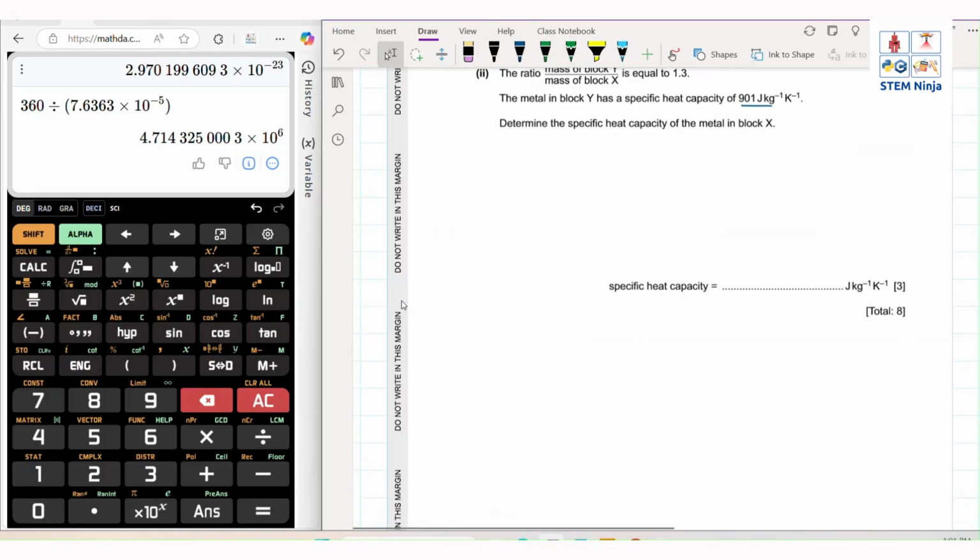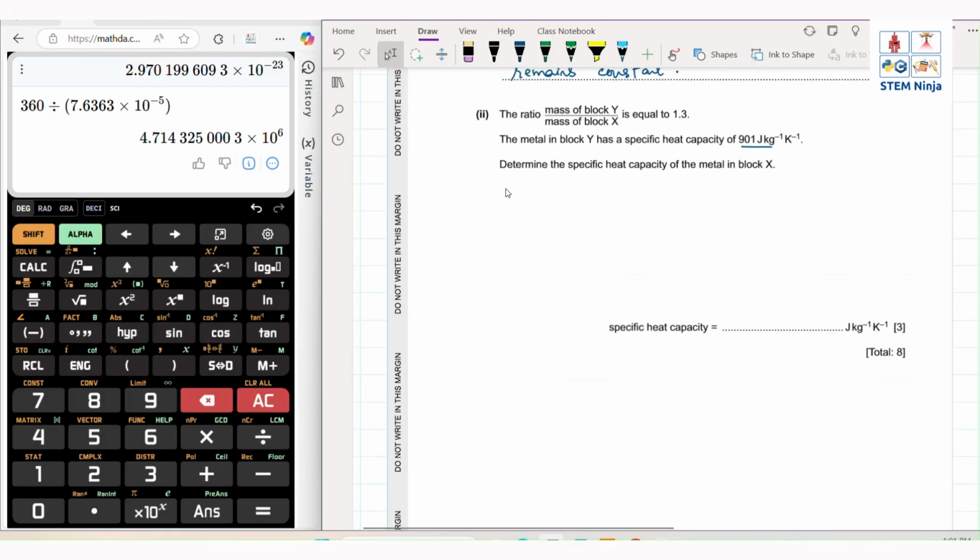So heat lost by X is equal to heat gained by Y. So mx cx delta theta x equals my cy delta theta y.